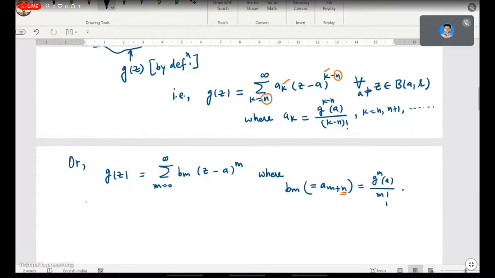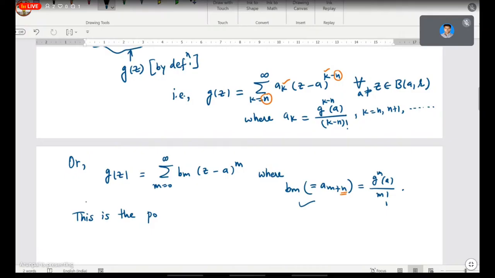And now, class, I have included a automatically. If you open this series, you will have g equal to b_0 plus b_1 (z minus a) plus so on. If you take z equal to a, then b_0 will be g(a), and from here you can see that b_0 is g(a). I have written this expression very intelligently.